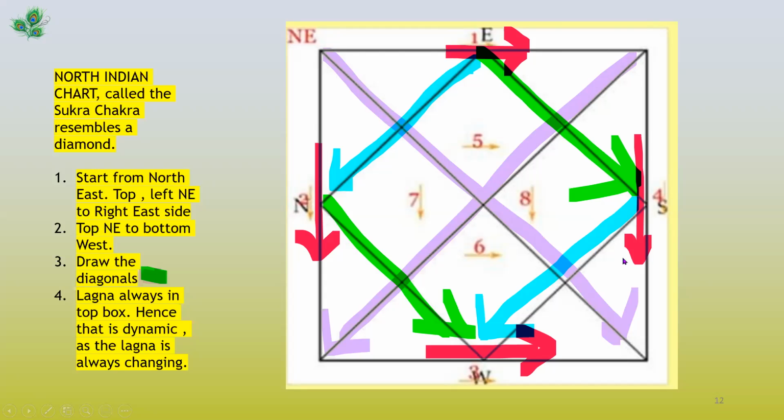There is a definite way of drawing it. It always begins from the northeast towards the south. This is the south, this is the north, this is the west, and this is the east. The topmost signs are always east oriented, so Aries and Taurus are always on top on the east side.